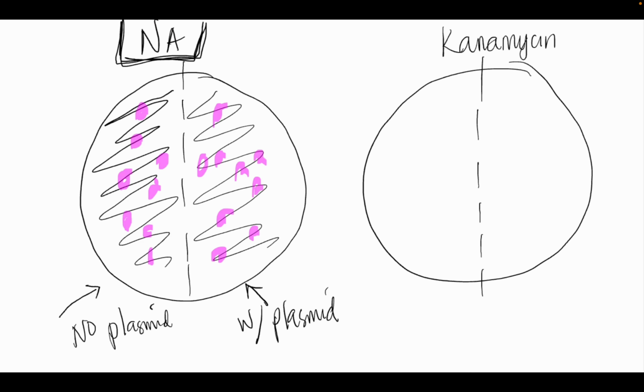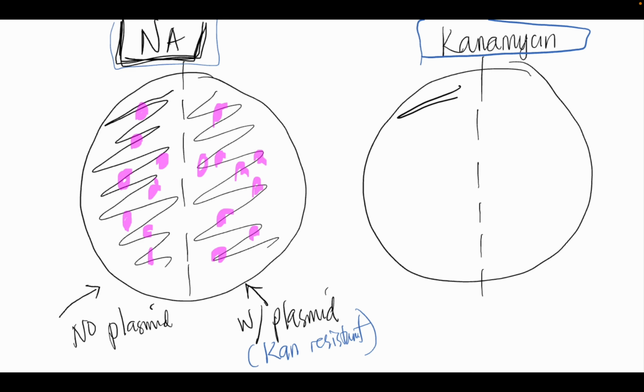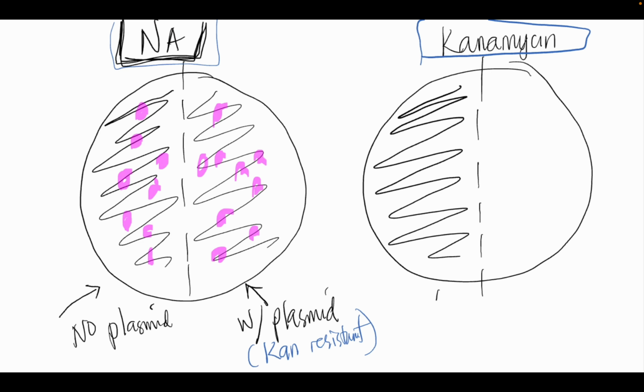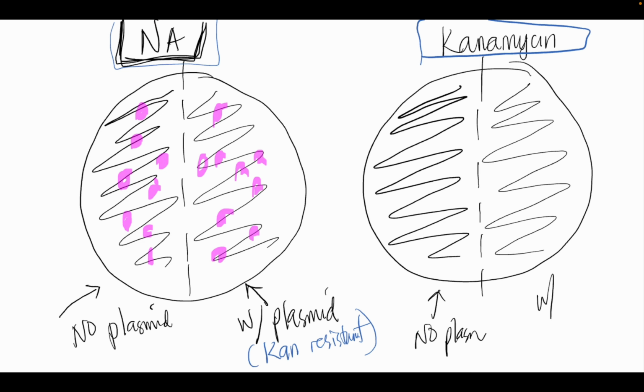However, class, if you use another agar which is incorporated with an antibiotic, which is kanamycin, especially, for example, what we are talking about here is the kanamycin-resistant gene. So in a nutrient agar, both of them will grow. However, if you streak, class, in this part the one with no plasmid, and you streak the one with plasmid containing the kanamycin resistance, which will grow, class, the left-hand side or the right-hand side?